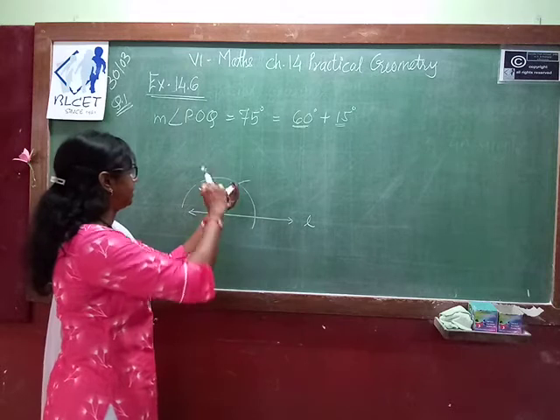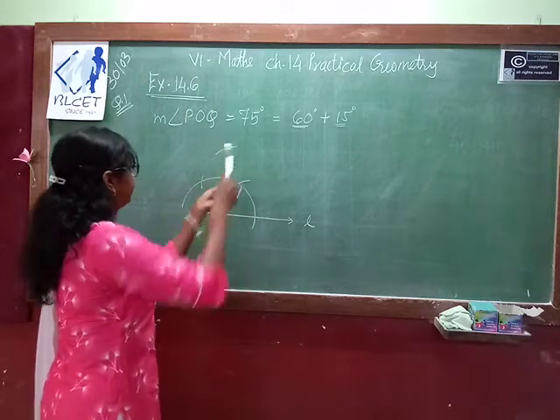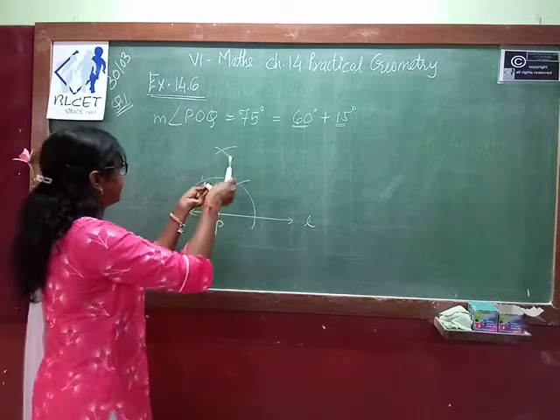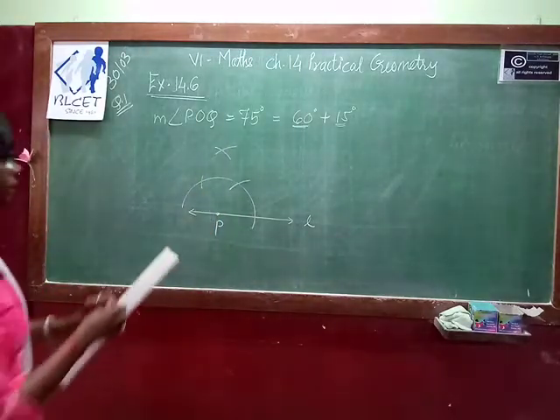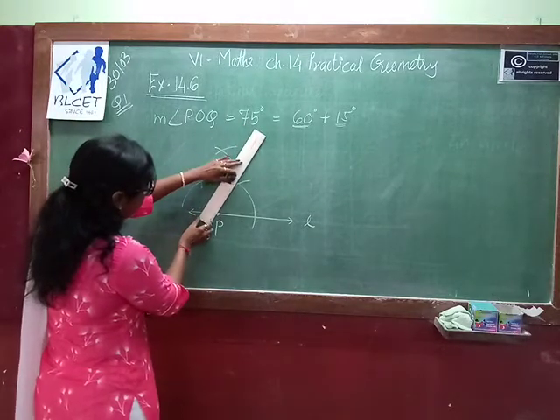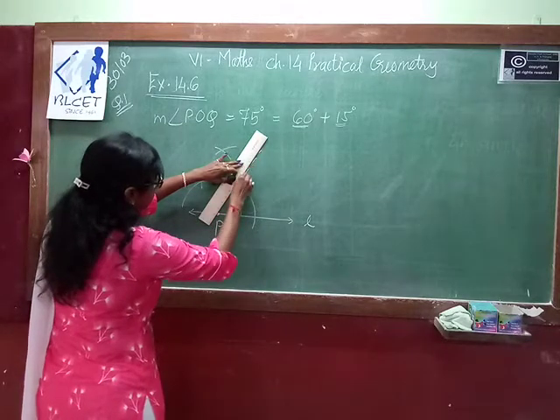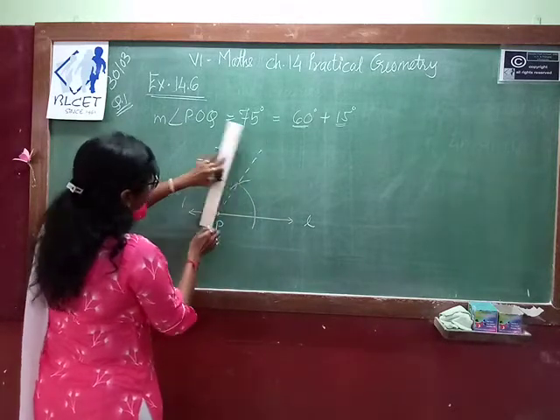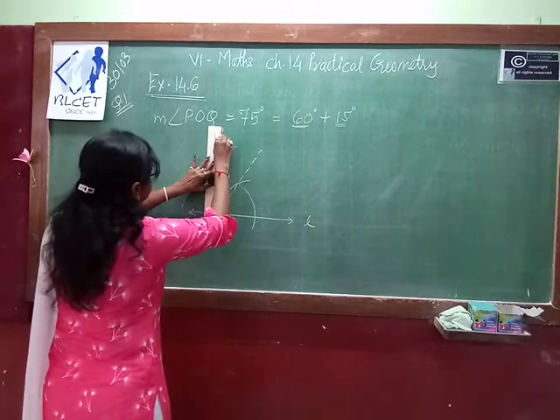Draw another 60 degree, and we have to bisect this angle. So this will give you 90 degree angle. So whatever is not needed, that we draw with dotted line. Okay. So this is your 60 degree angle. This is your 90 degree angle.